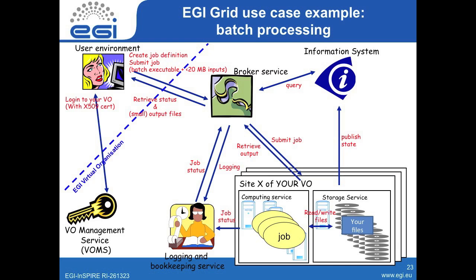Once the job is executed, the job status is reported to the broker, to the logging and bookkeeping service of the broker, and the user can monitor the status of the job and retrieve the outputs if they are small, like a log file, or just the status of the job at the end of the execution, from the broker.